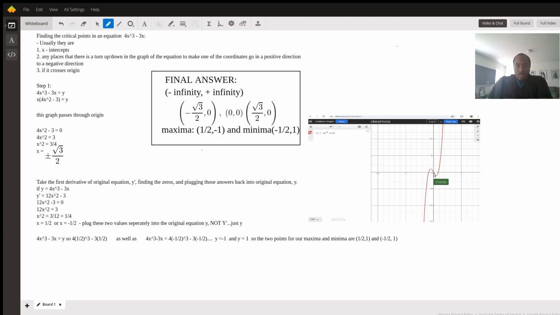We have a positive square root of 3 over 2, which equals 0, right here. Our maxima, or a place where we turn, would be at negative 1/2, 1. And we have another one here at 1/2, negative 1, where it turns back up. And these are obviously considered the critical points in this particular graph.